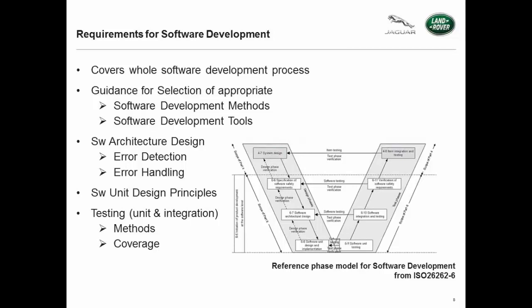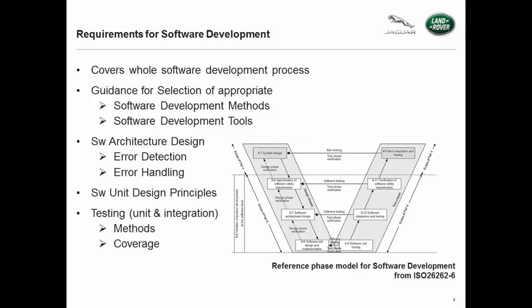What I'm next going to go into: when you're down at the software and hardware development, you've got a part each, part 5 for hardware, part 6 for software, that shows very specifically the requirements for design and verification. Part 6 I'm going to cover first, so software development. It has its own reference phase model for software development and covers the whole software development process.